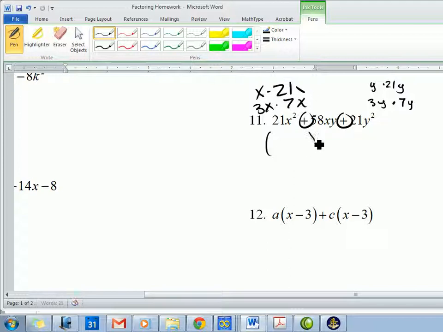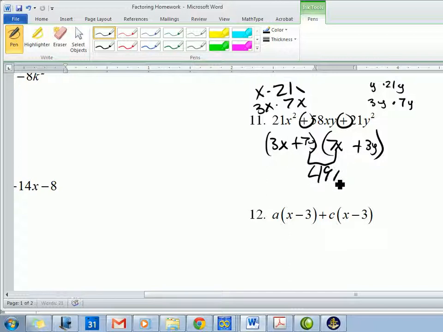So when I come with my parentheses, I want to put a 3x here. Why does that keep disappearing? And I want to put 7x here. And then from here, I want to put 7y here and 3y here. Plus signs, plus signs. Does that work out? We'll find out.